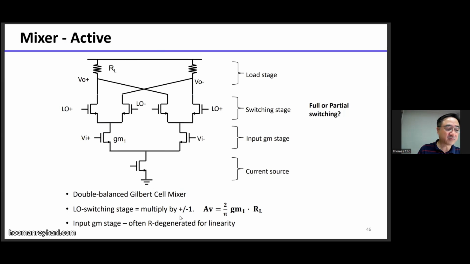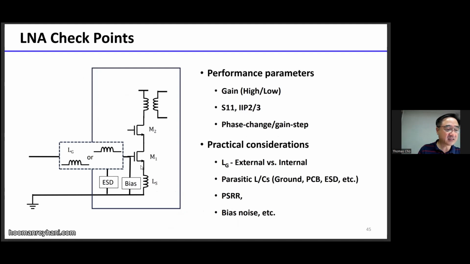One of the homework problems was to figure out what the gain is, and you know how to find it now. If you look at this mixer, you're receiving this signal that is amplified from the LNA. So the signal level is bigger, but the LNA also has a gain that looks like a common source stage like this.